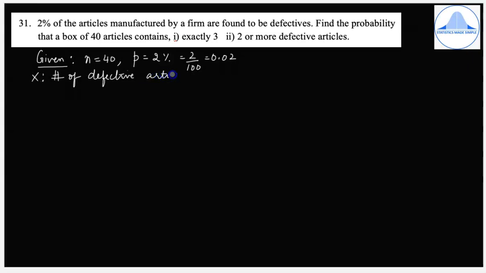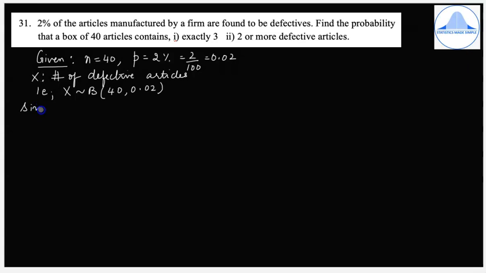So initially you will see that this problem is based on the binomial distribution. So we write that x follows binomial 40, 0.02. Now you observe that n is very large and p is very small.